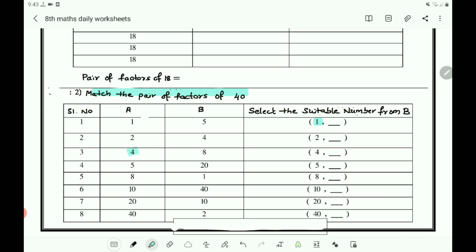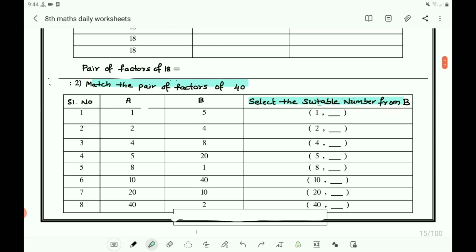Then together with 4, you take 10. Similarly, together with 5, you take 8. Like this, select the suitable numbers from B. Here they have taken the numbers from A. These are the numbers from A. And next make a pair by taking the numbers from column B. That is the activity you have to complete here.